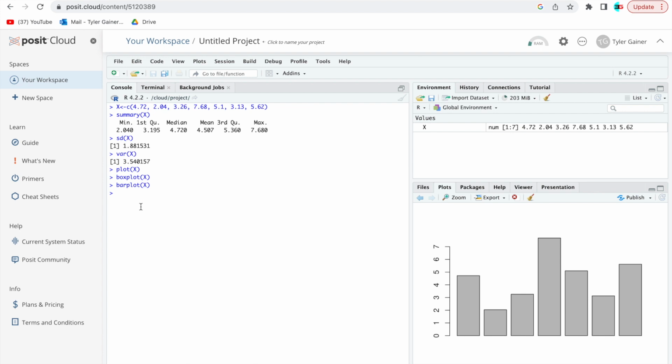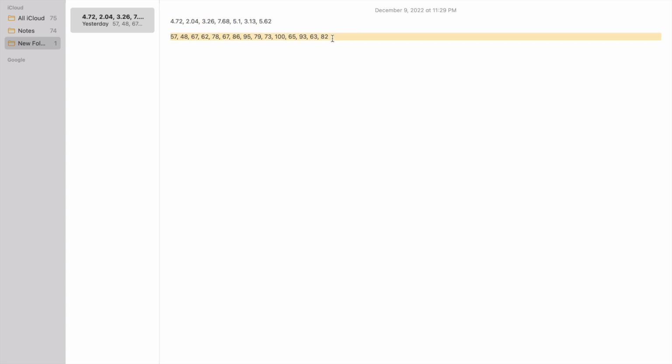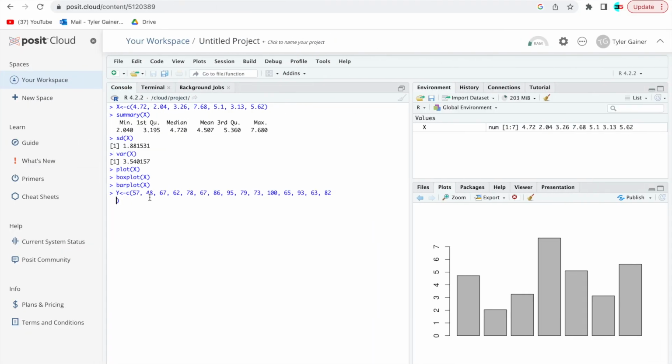And so now let's do this with one more set of data. So let's call this one Y, and then it was less than sign, dash, C, open parentheses, and then we will come over and do this data. So we'll paste it in there, and now we have Y defined as that.